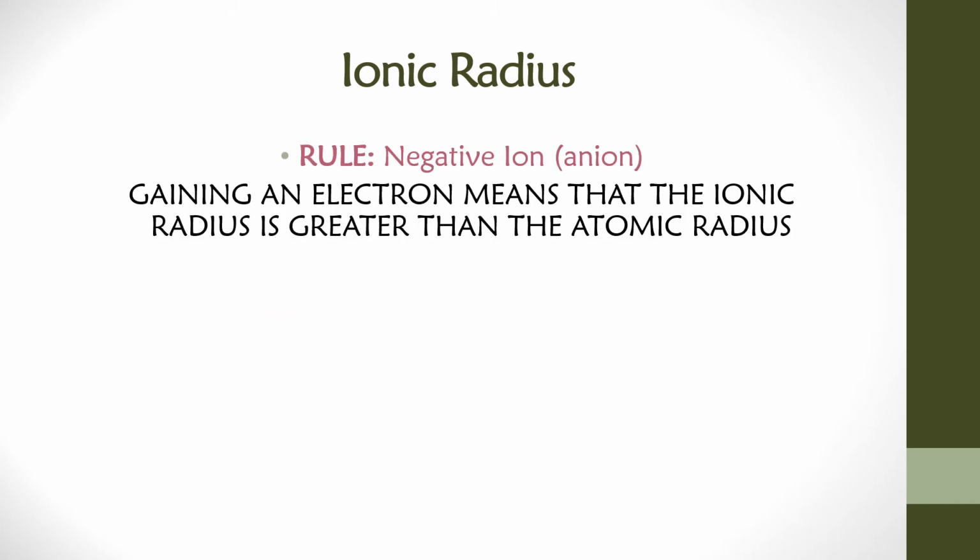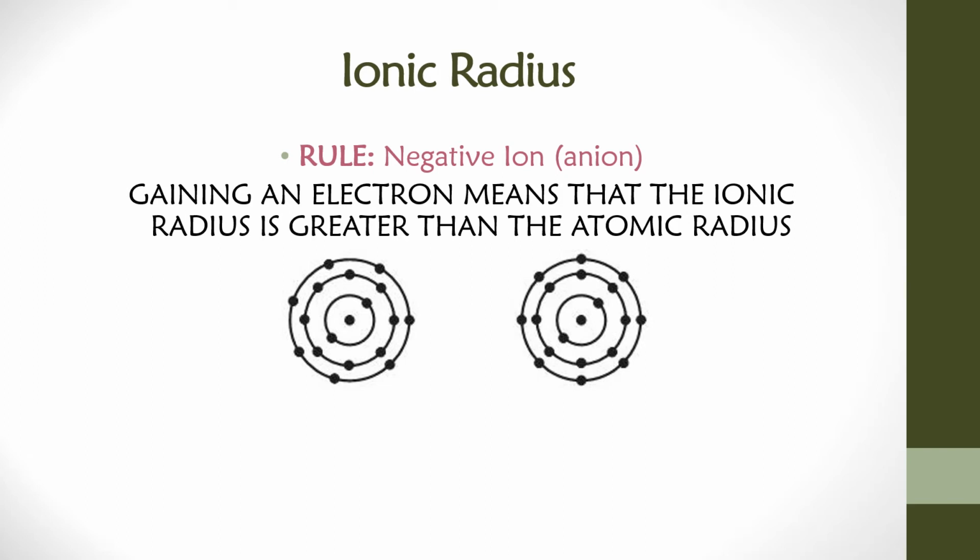And then the rule for the anions or the negative ions would be that because they are gaining electrons, their ionic radius is going to be greater than the atomic radius. So for example, when we are looking at this chlorine atom right here, it has 7 valence electrons before it gains another electron and has a complete octet.